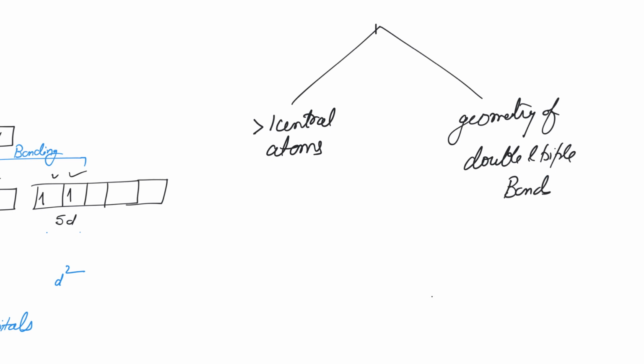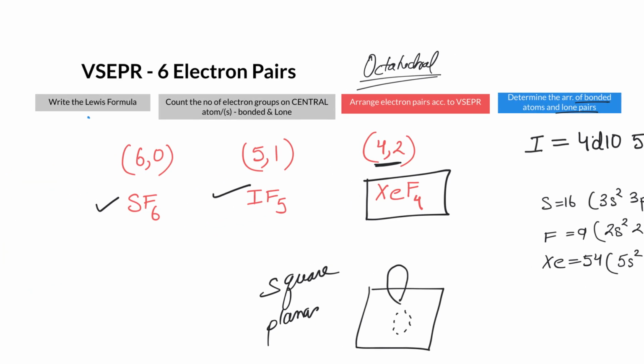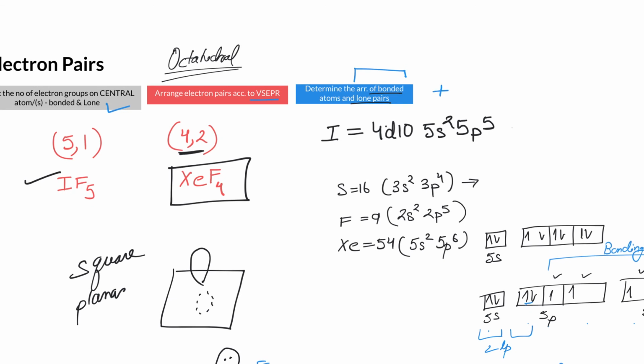Now, the case of multiple central atoms is very easy. I hope you remember the steps, right. Write the Lewis formula, count the central, bonded and lone pair electrons, arrange according to VSEPR, and now that we have one more step, determine the hybrid orbitals.